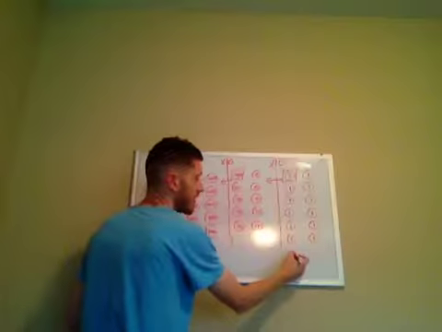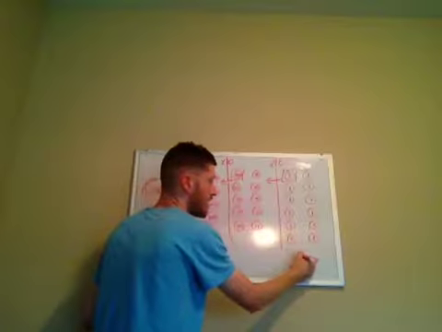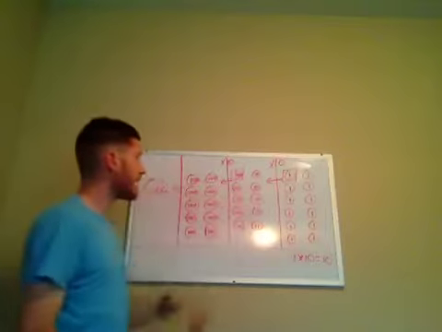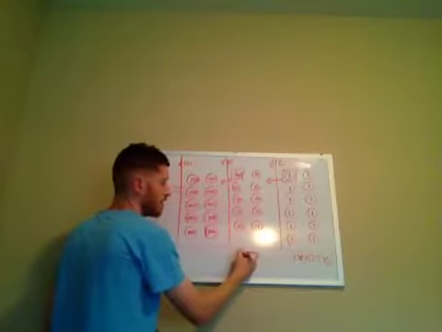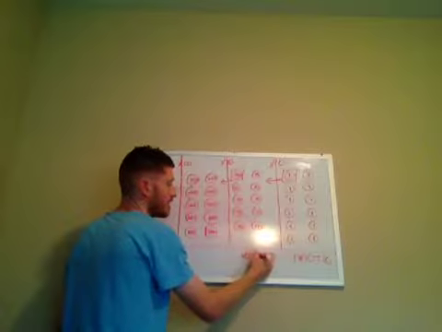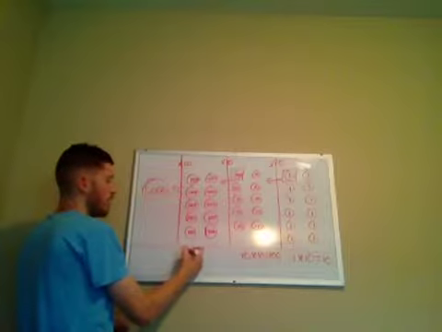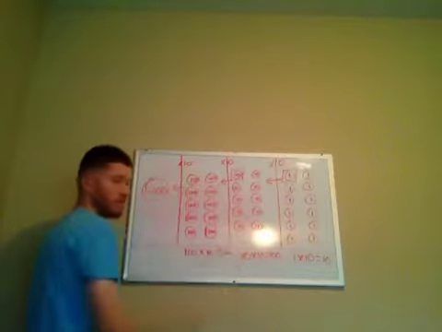I took 1 one and multiplied it by 10, and I got 10. Same thing happened here. I multiplied by 10 in my tens. So 10 times 10 equals 100. Right here, 100 times 10 equals 1,000.